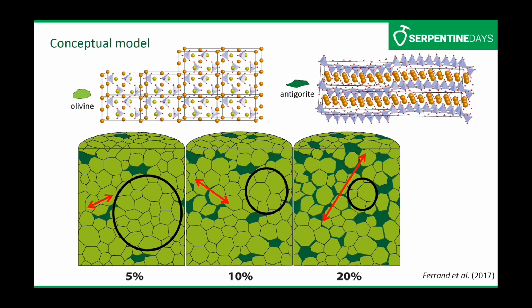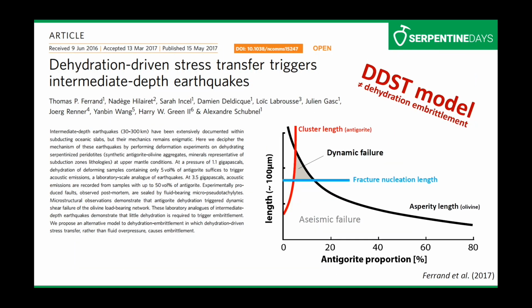Next slide, please. So this was the paper published in Nature Communications in 2017. So you have a length as a function of the antigorite fraction. You have the cluster length in red, the asperity length in black, and the fracture nucleation length.